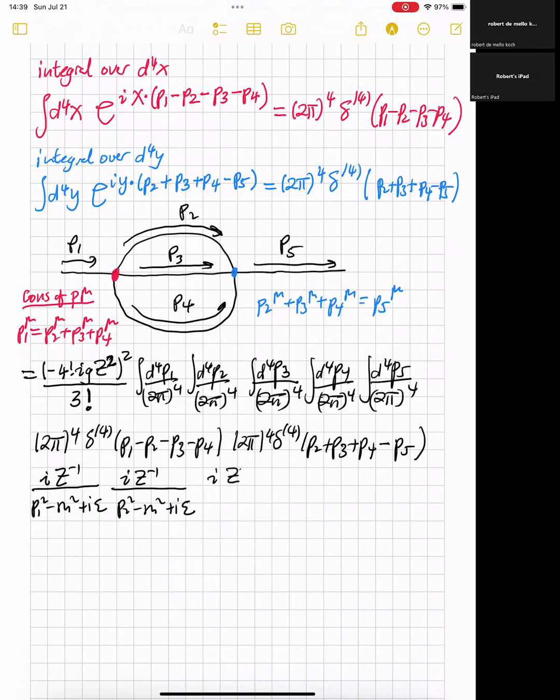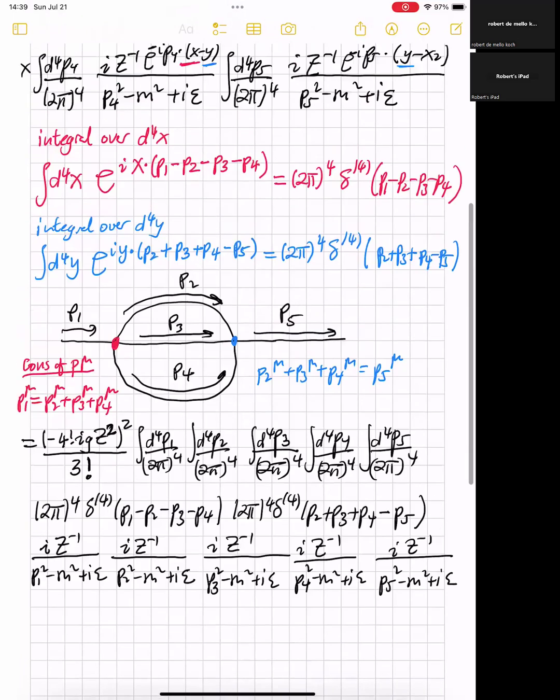Then we've got an IZ inverse, P3 squared minus M squared plus I epsilon. Then we've got the fourth propagator, IZ inverse, P4 squared minus M squared plus I epsilon. And then we've got the last propagator, IZ inverse, P5 squared minus M squared plus I epsilon.